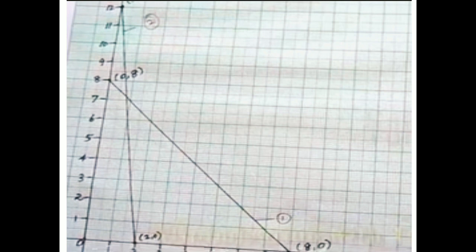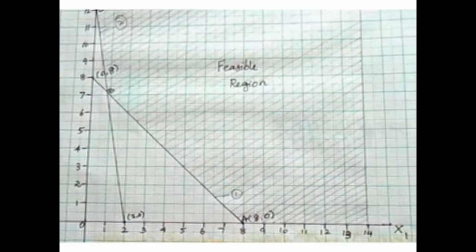Now, as I have found here, the shaded area in the case of both lines will be above the line, that is, the area not containing x1 and x2 to be 0, 0. The next step is to mark the overlapping area of both the lines.